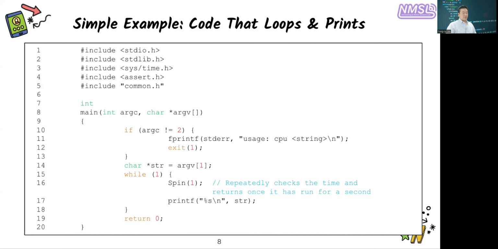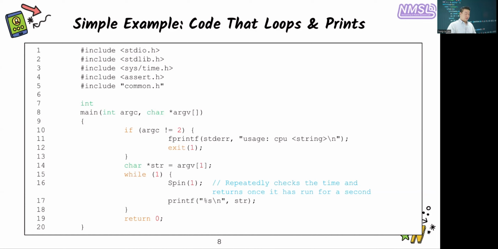Let's use a simple example. This is code that loops and prints. I'm not going to go line by line on the code, because you should already know what it does when you look at it. If you can't, I don't think you'll be able to survive this course. So, simple code.